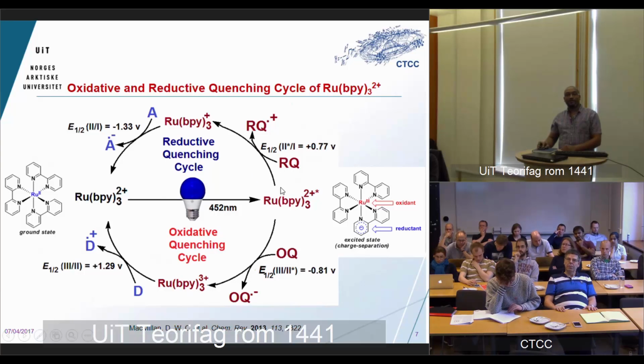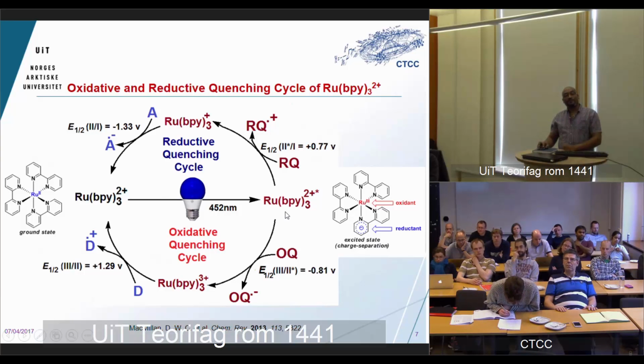In the reductive quenching cycle, it accepts an electron from the electron donor and converts to ruthenium-1. This ruthenium-1 again gives its electron to an electron acceptor and comes back to ruthenium-2, and the species that accepted the electron can then generate the free radical.